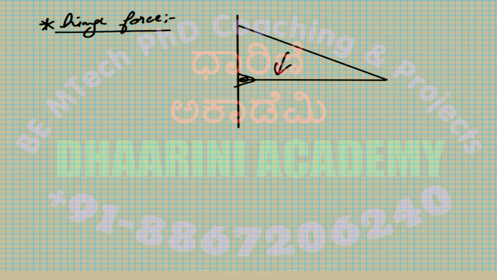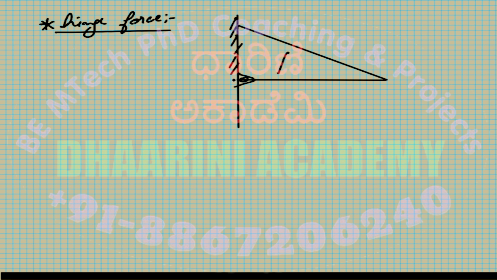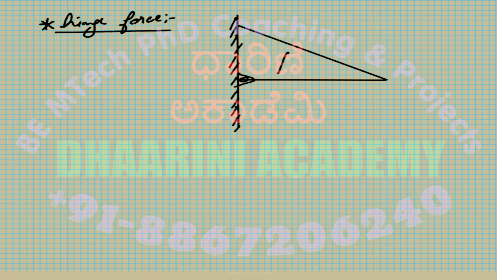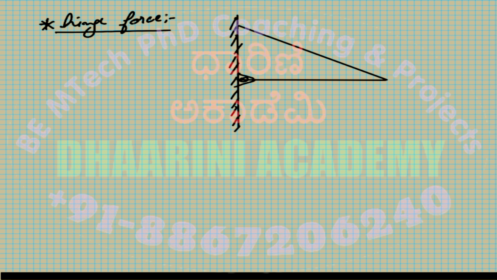Okay, this is the wall. This is a ball. So we have a rod over here, and this could be a string, and this is called a hinge.